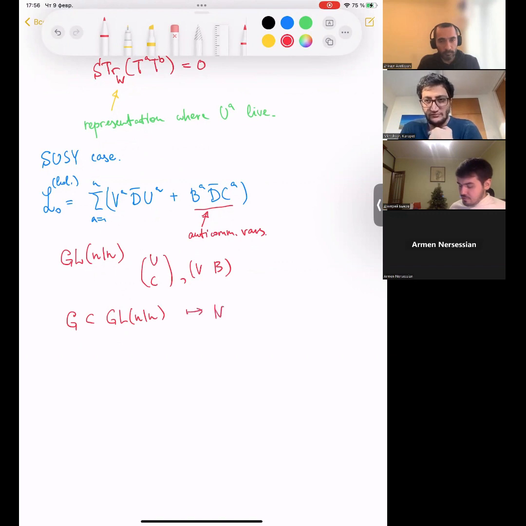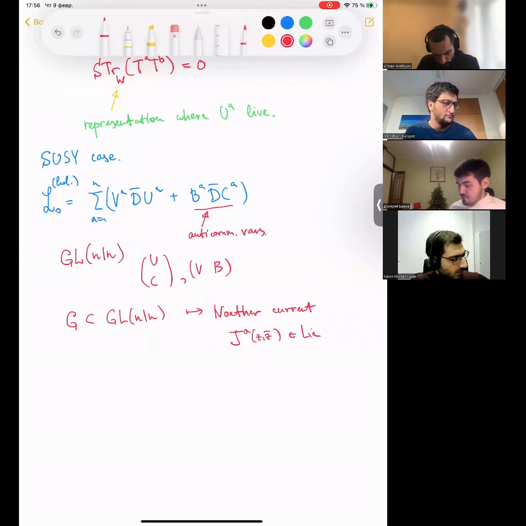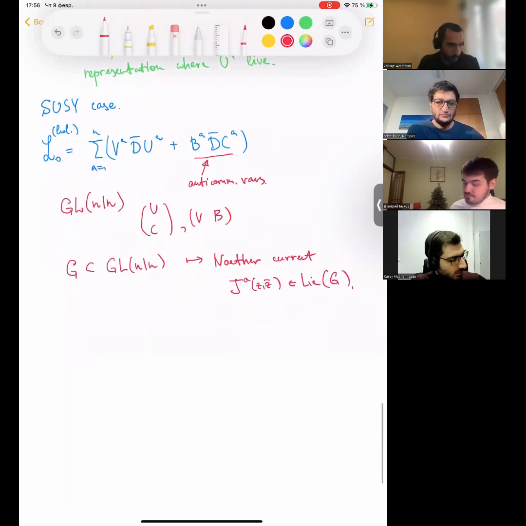So the Noether current J A of z-bar lives in the Lie algebra of G. In the free system, it's a holomorphic current.